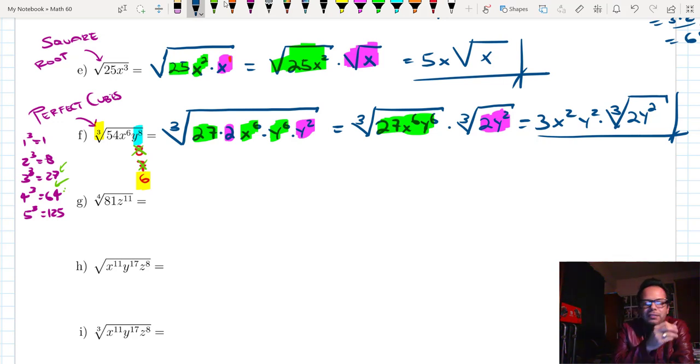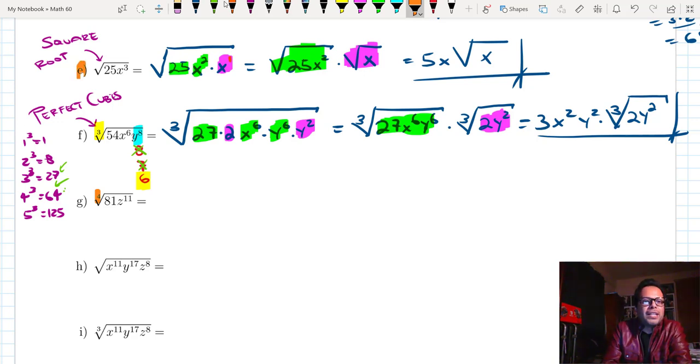Number 1, determine whether... The first thing we look at is always the index. That's the boss. That's what is going to tell us what to do.